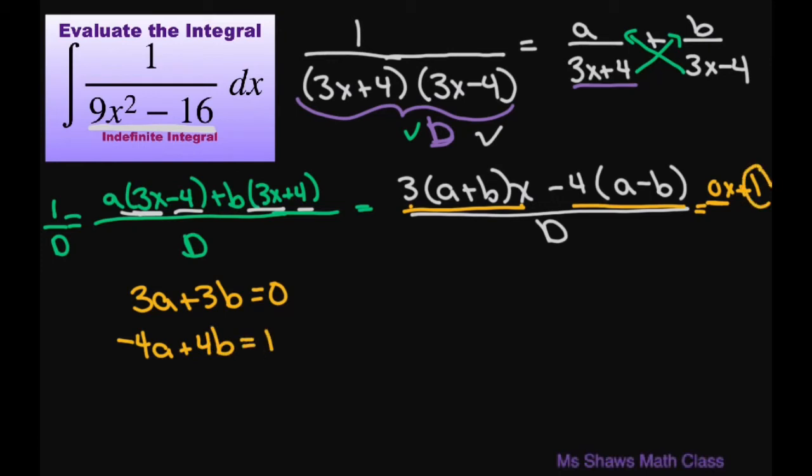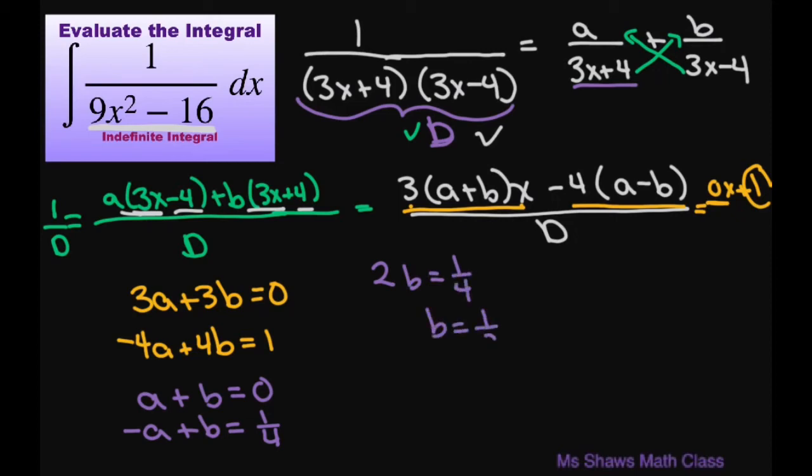Solving for this, we can divide each term by 3 here. We'll get A plus B equals 0, and negative A plus B equals 1/4. So when you add this up, you get 2B equals 1/4, so B equals 1/8. If B is 1/8, then A has to be negative 1/8.